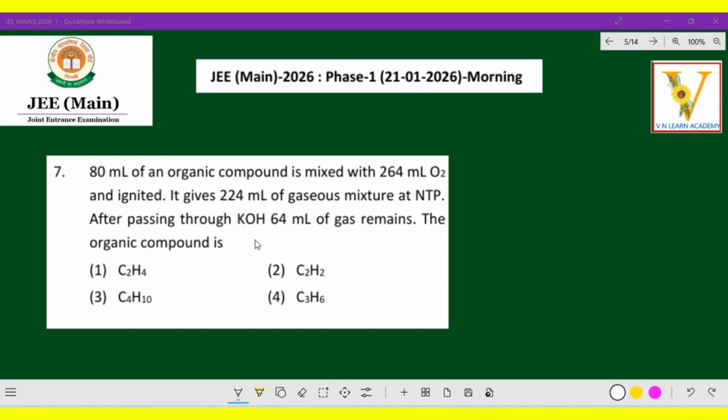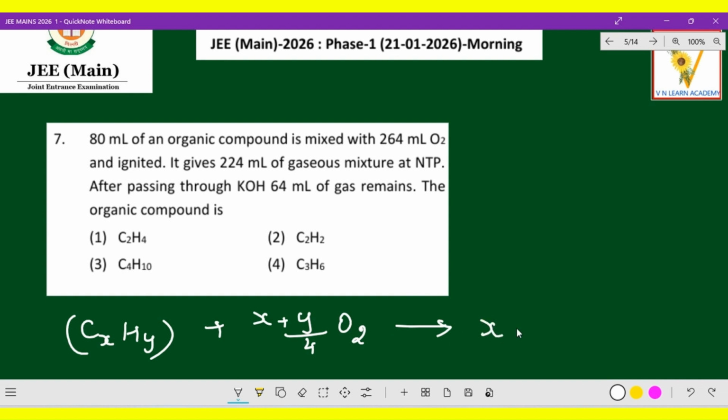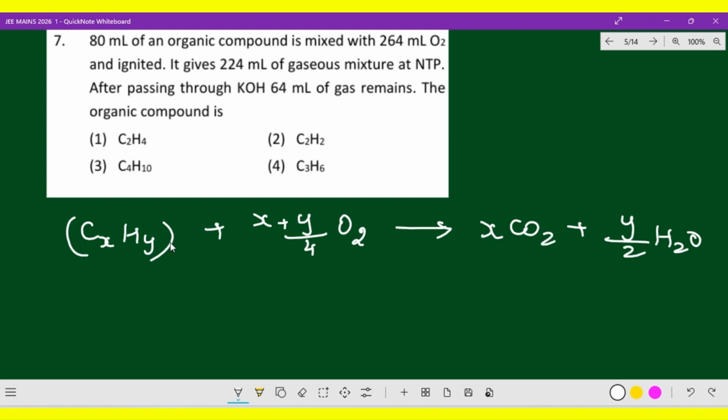Right, now the formula we are going to use is for hydrocarbons: CxHy plus (x plus y by 4) O2 gives x CO2 plus y by 2 H2O. So this is the formula we are using to find the answer.